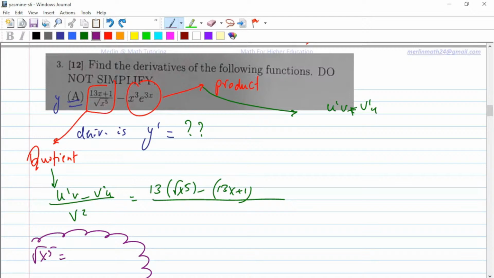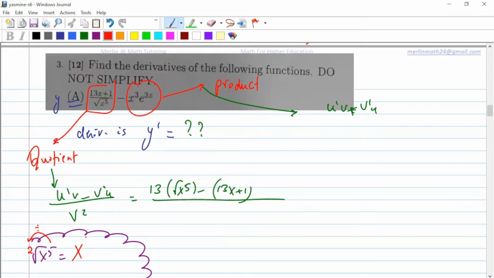This is not 1 at all. The way you spell it is square root. Square means a 2. This is a 2 hidden. We don't see it. By the way, we don't say 2 over 5, the number in is the out. So this is x power 5 over 2. Okay, good.